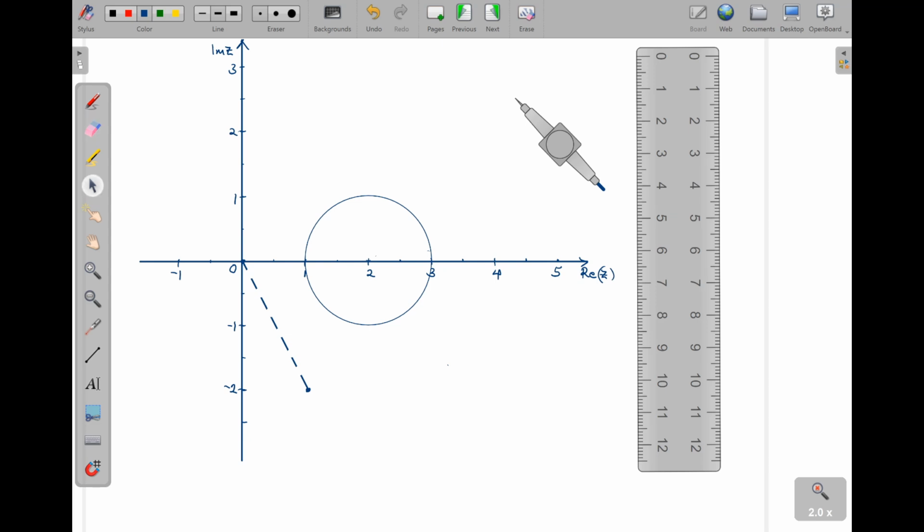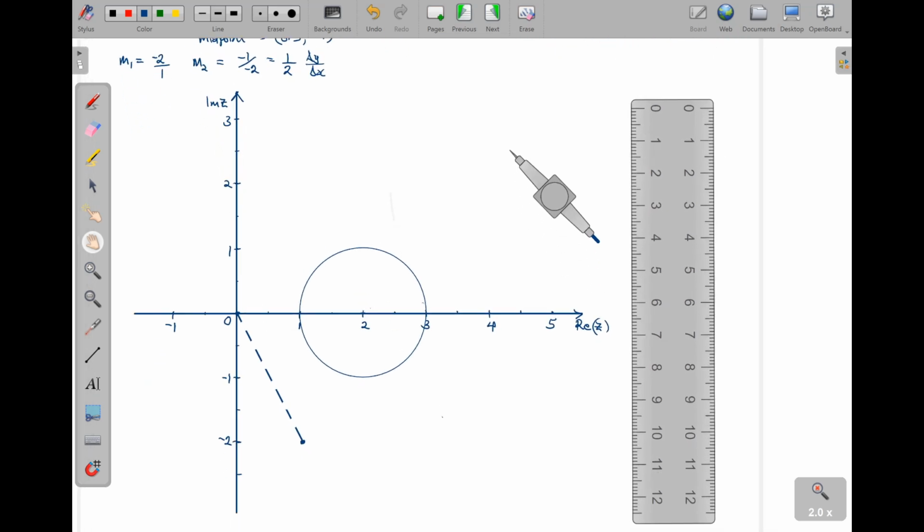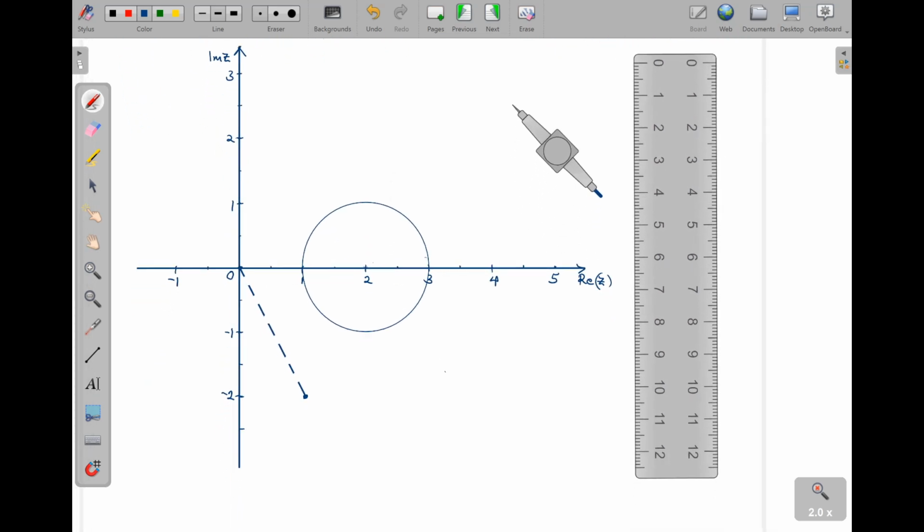Then I need to draw a perpendicular bisector, but it has to pass through the midpoint, which is 0.5, negative 1. So 0.5 is here, and then negative 1 is here. So it has to be here. Then I move 2 units. If this is 0.5, then plus 2, it will be 2.5.